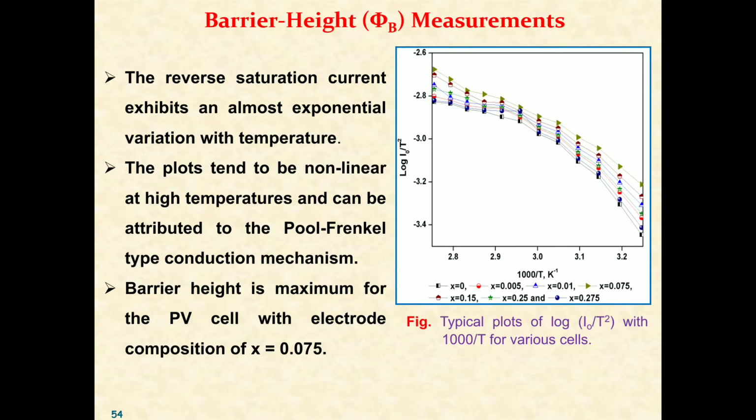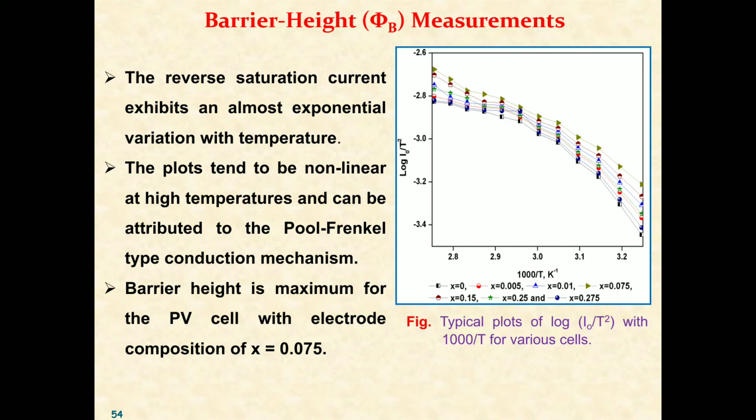The built-in potential phi b was determined by measuring the reverse saturation current in the temperature range from 308 Kelvin to 363 Kelvin. The reverse saturation current exhibits an almost exponential variation with temperature.